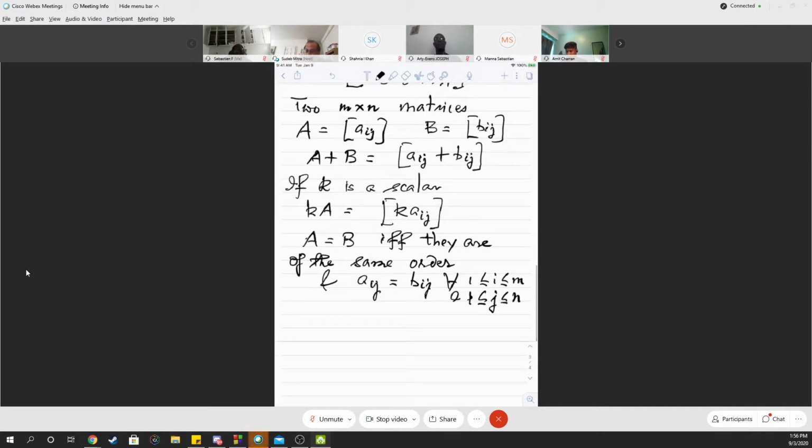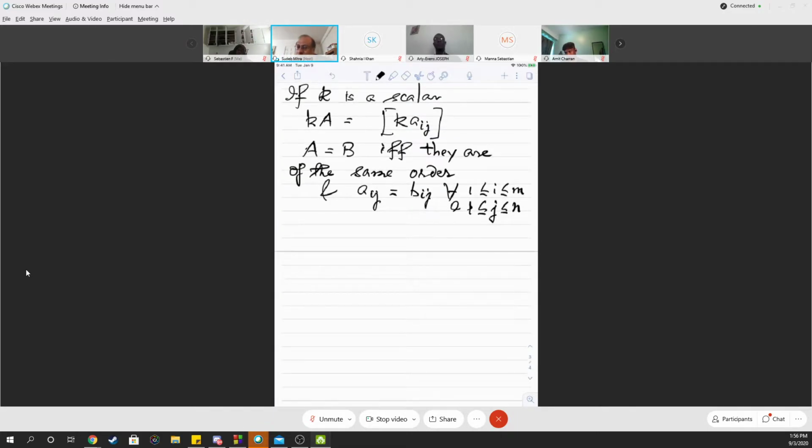Now, when it comes to matrix multiplication, that is a little problematic. How do we do it? It's row times column, right?